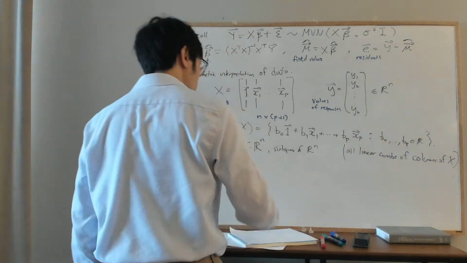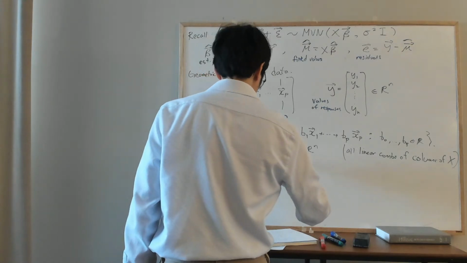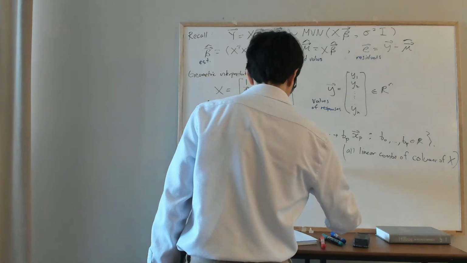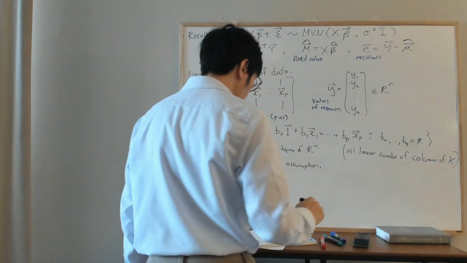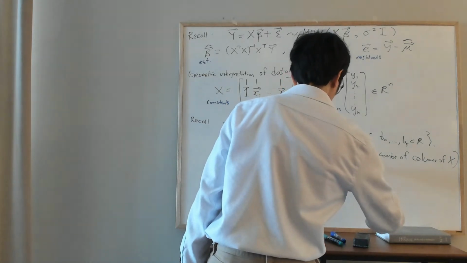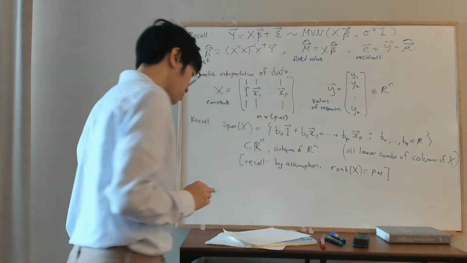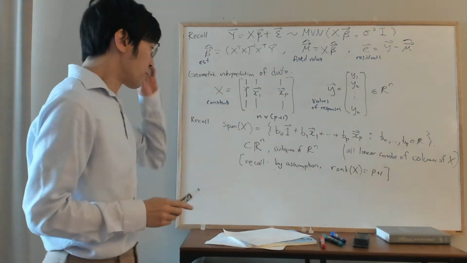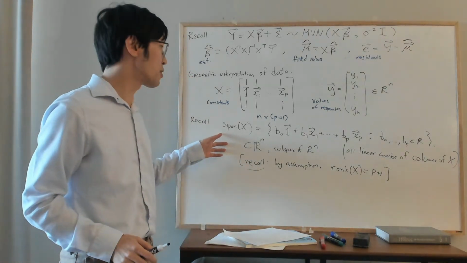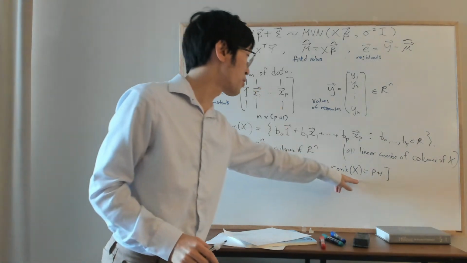So recall, by assumption, the rank of the matrix X is p plus 1. Writing it in this way gives us a little bit of insight about how we should set up our explanatory variables.